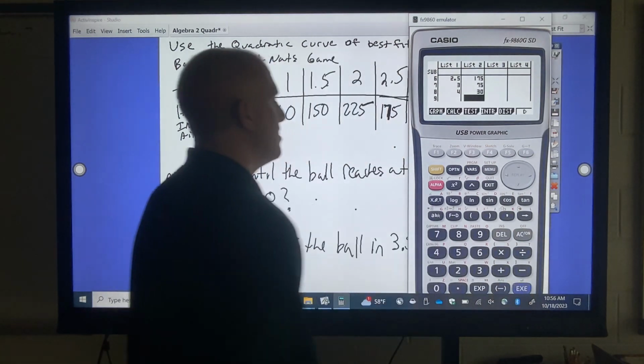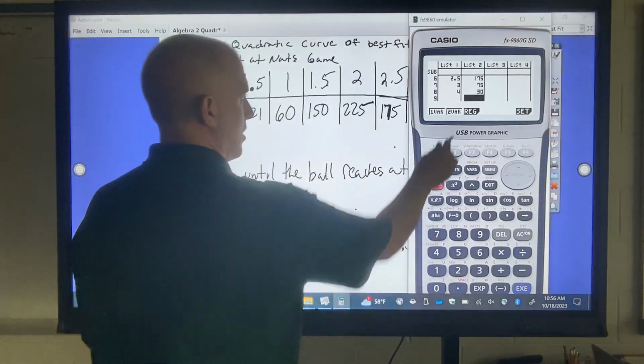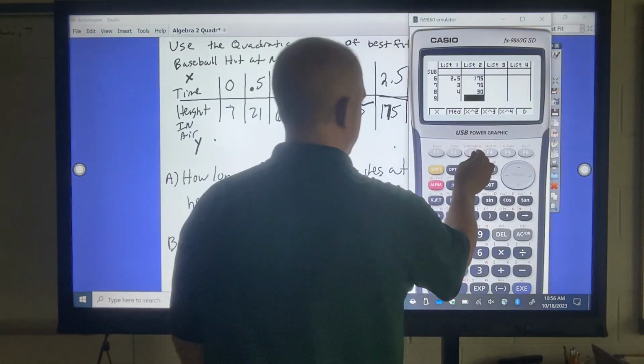Now once I get that in, I press Calculate, which is F2, Regression, and since they told me it's a quad, I'm going to select this one.